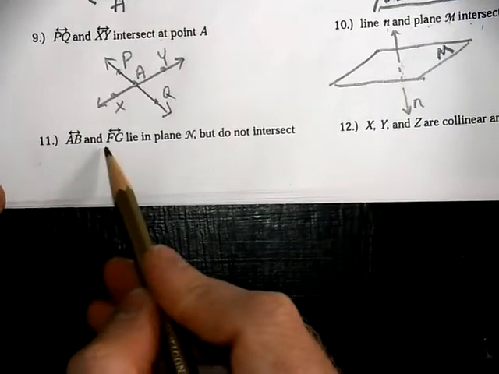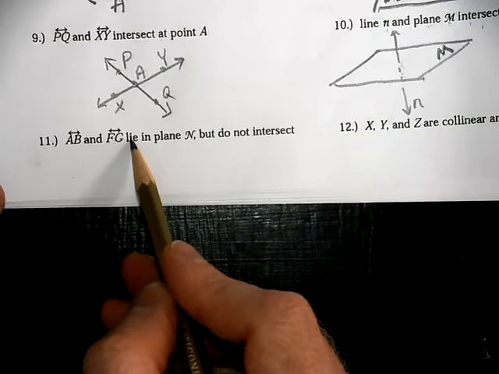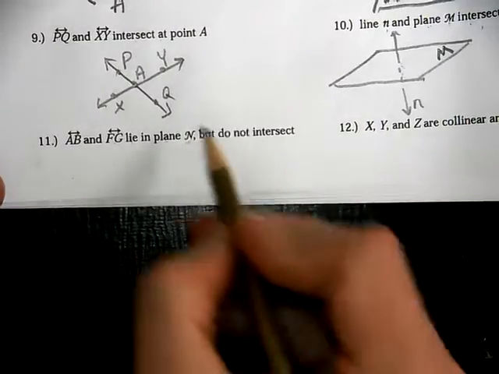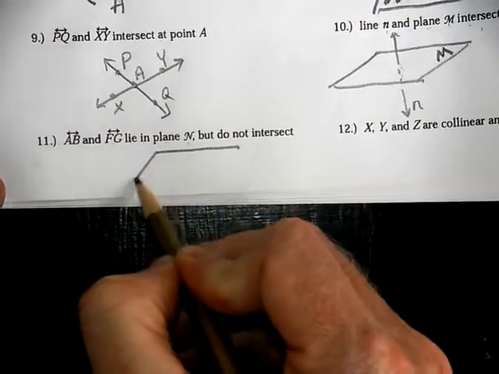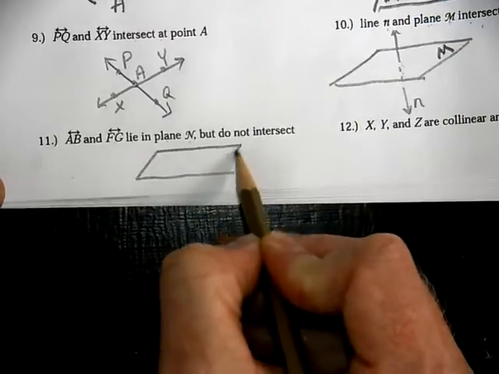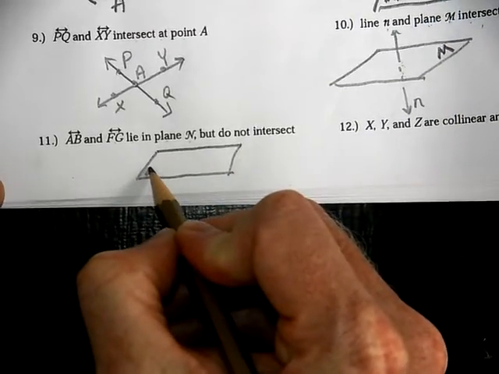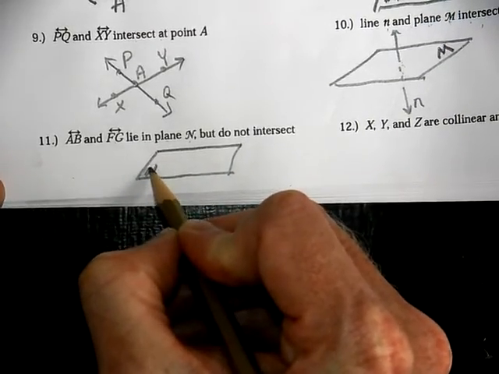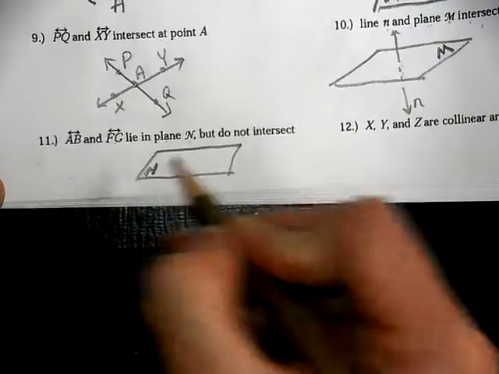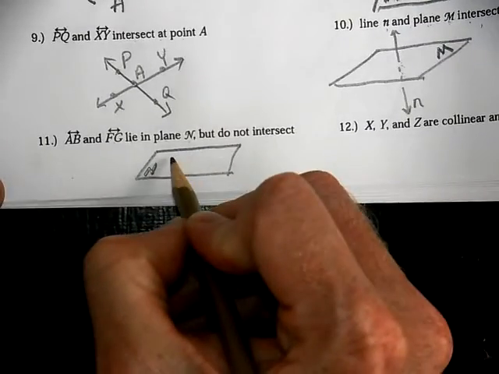Line AB and line FG lie in plane N, but do not intersect. So here we have plane N. We make a bold letter in the corner, no dot next to it.